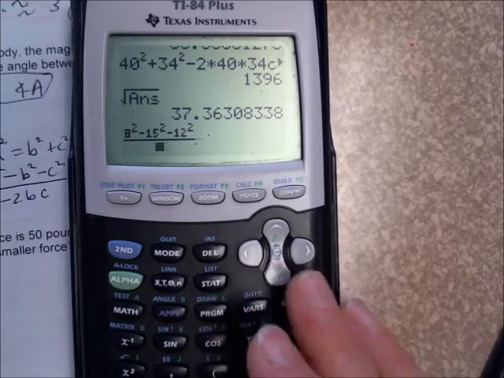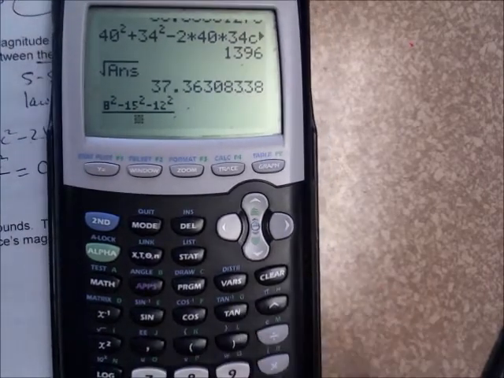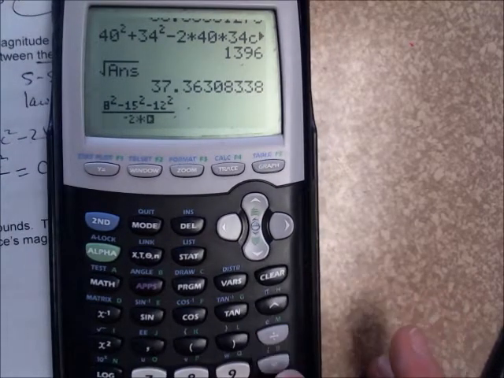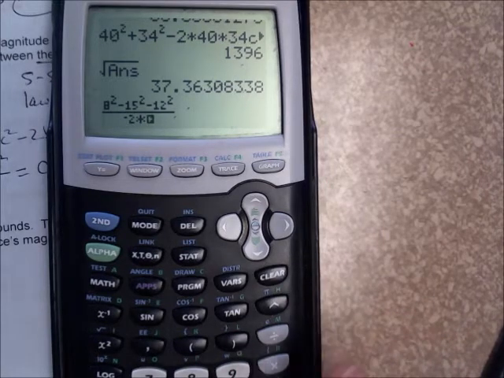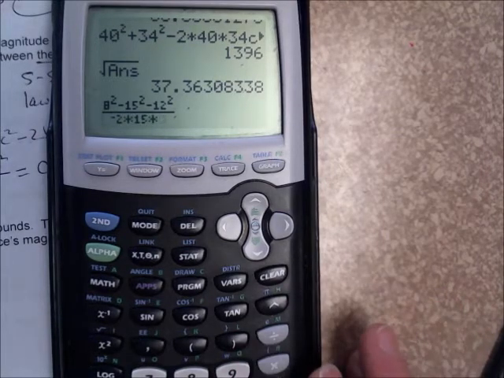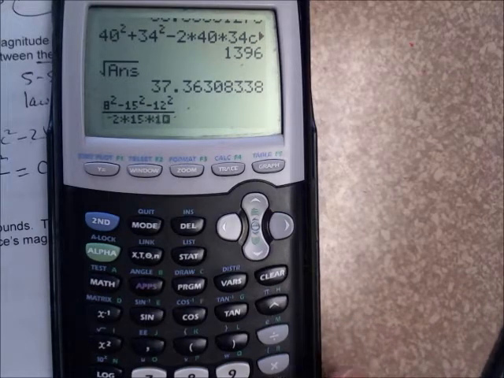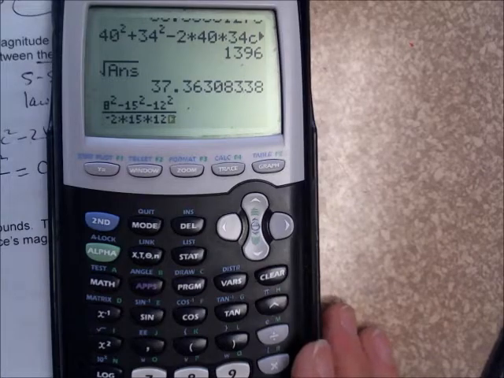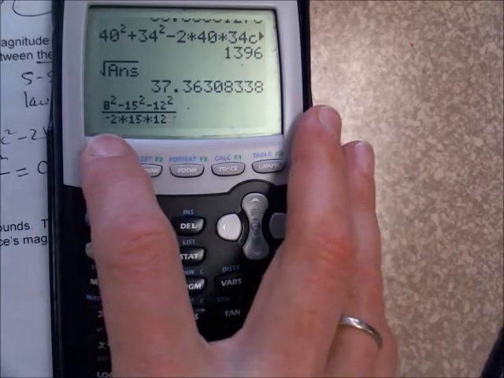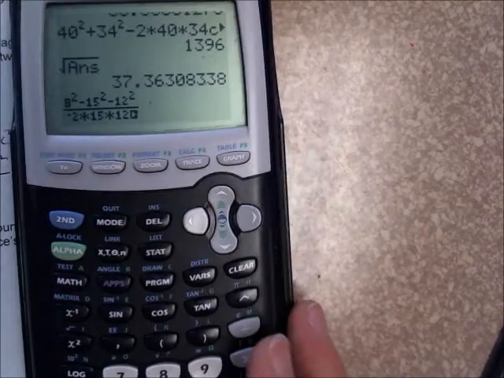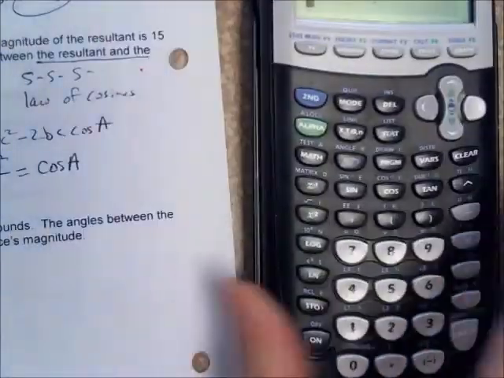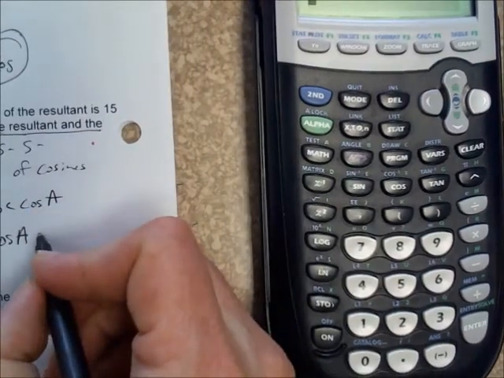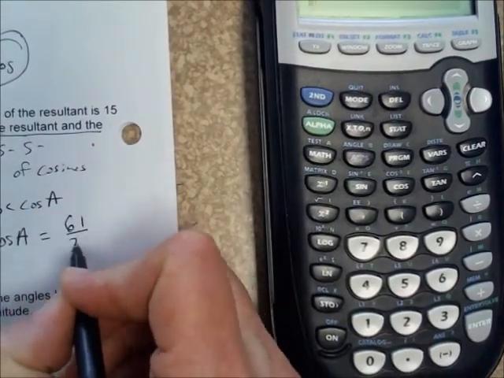A squared minus B squared minus C squared all over negative 2 times B, which is 15, times C, which is 12. Got to make sure that's right. A squared minus B squared minus C squared. Okay, so that's right, and that's the cosine of A. So we've got 61 over 72. So the cosine of A is equal to 61 over 72.